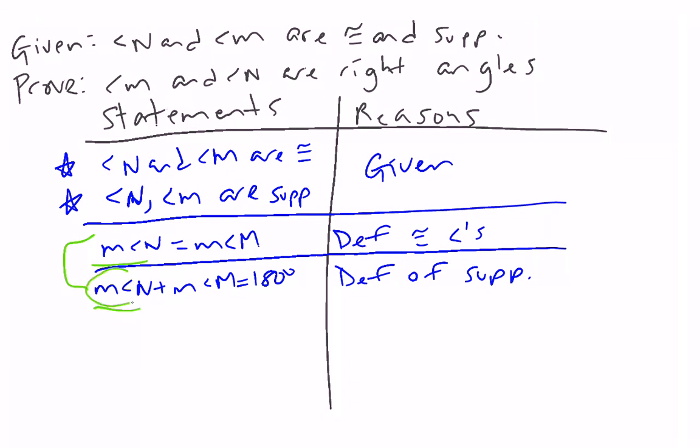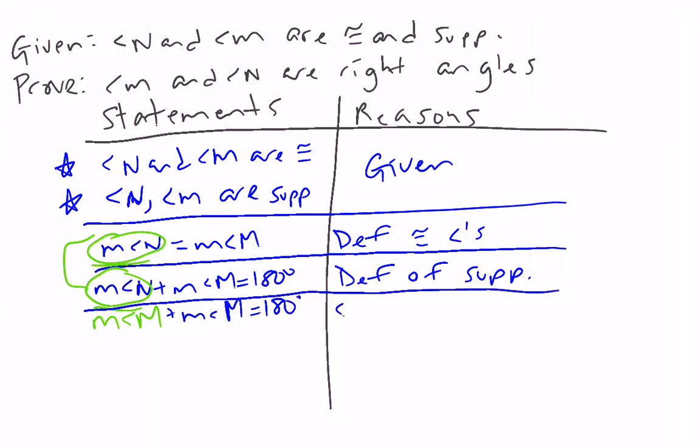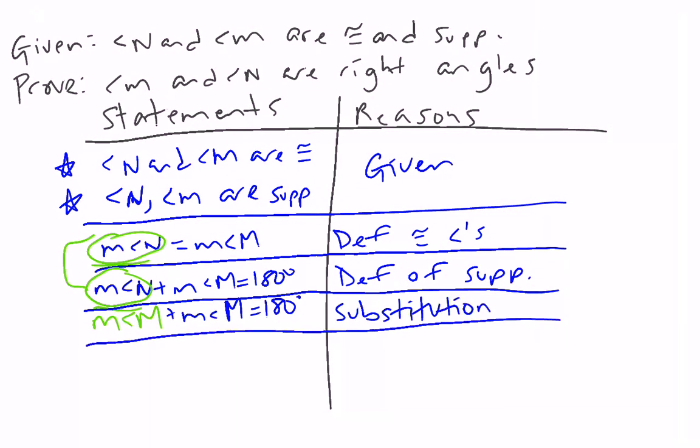But what I'm going to do is replace angle N, personally. Does it matter? Not really, because they're equal. So I'm just going to replace that for my next line. And all I did was substitute, so my reason is substitution. And it's really substitution property of equality, but we don't have time to write all that down.